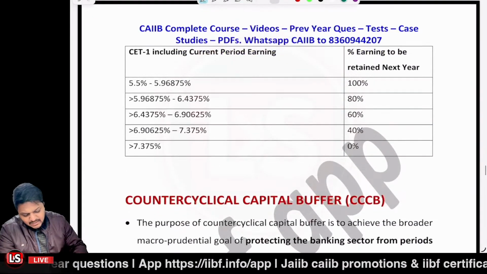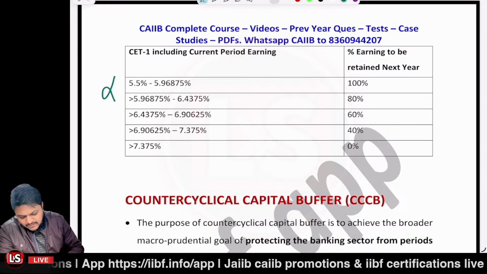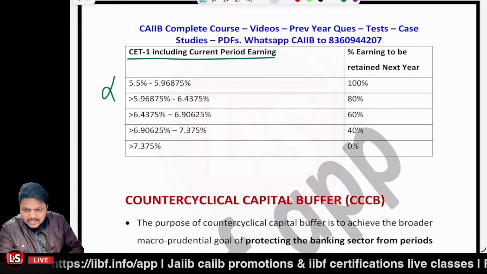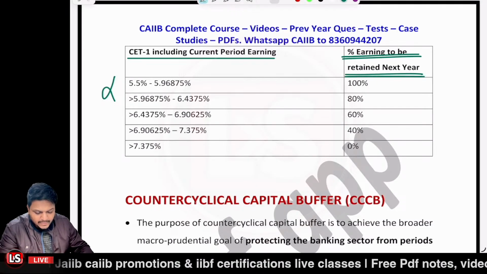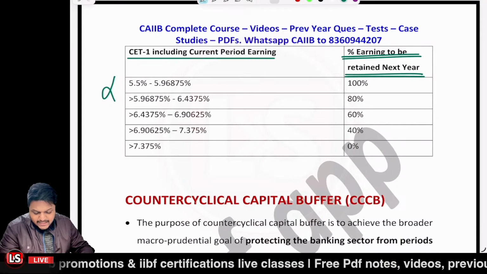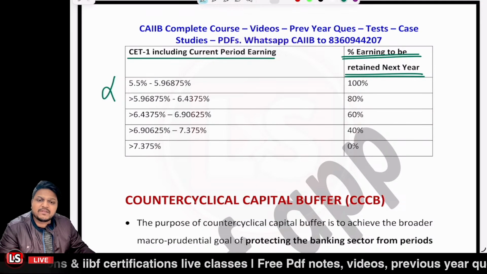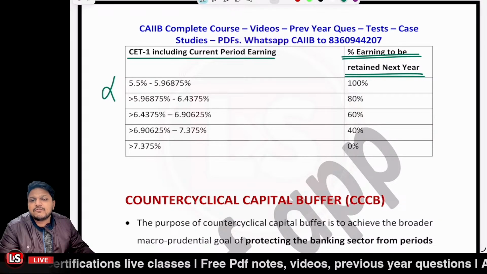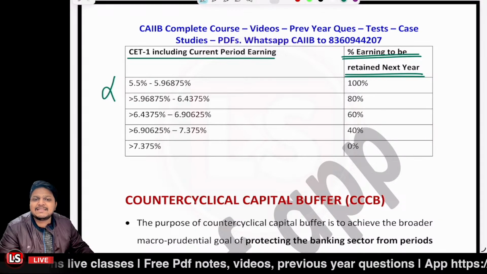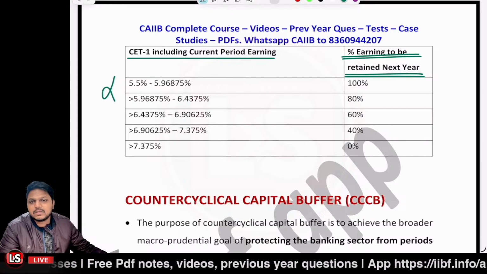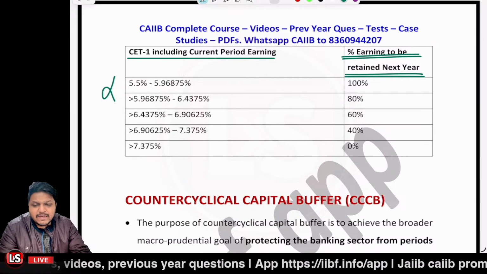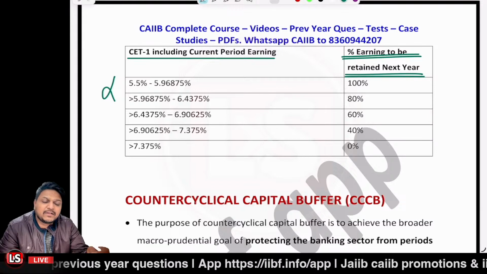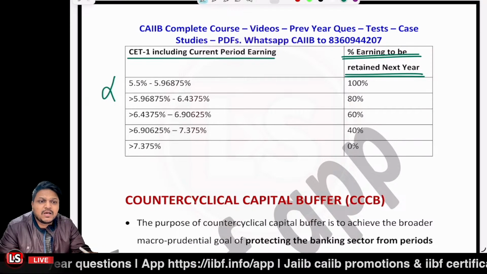Do not look at this table. Previously, if there was a shortfall in the CET1, then this particular table was applicable. Like in total, if you have CET1 ranging from 5.5 to 5.96875, then you are to retain 100% of your earnings next year.